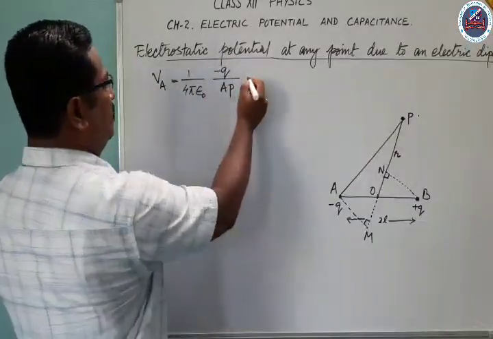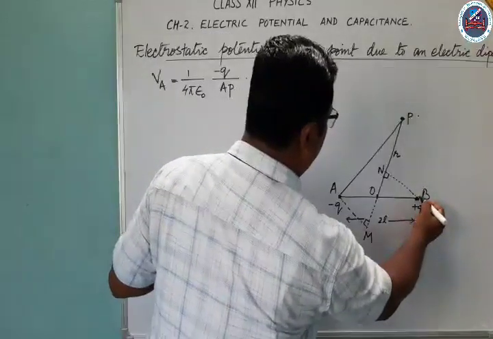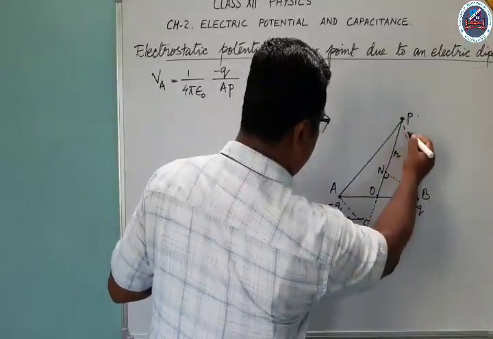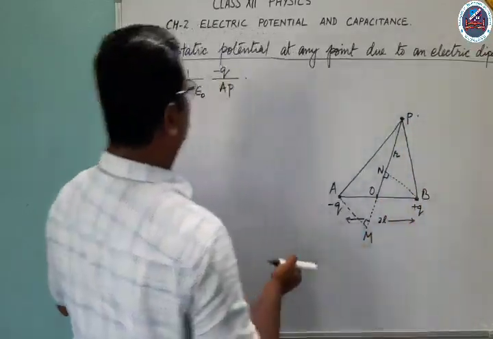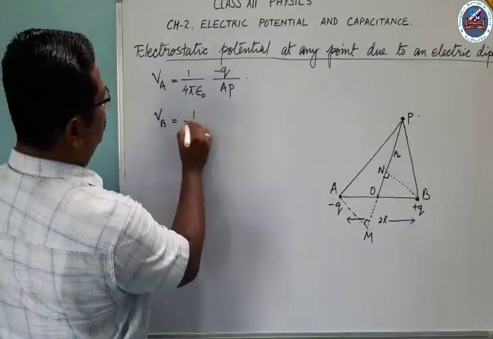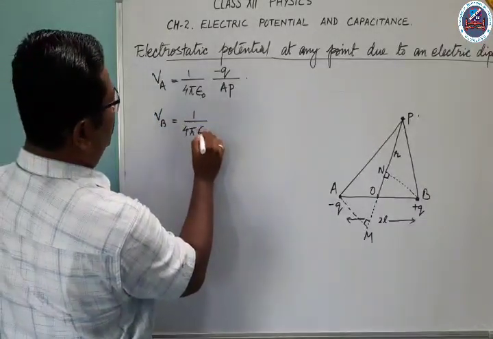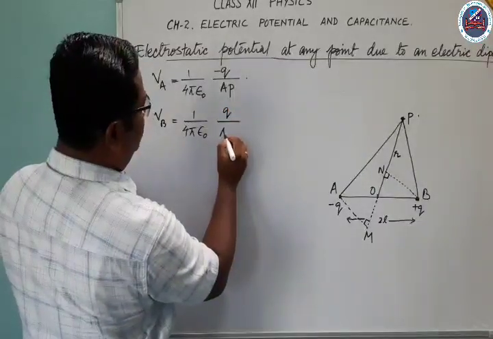Likewise, we can find the potential at point P due to this positive charge, that is plus Q charge. Let us write this VB. This one will be 1 by 4 pi epsilon naught Q divided by PB.